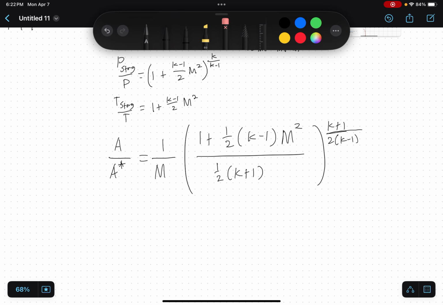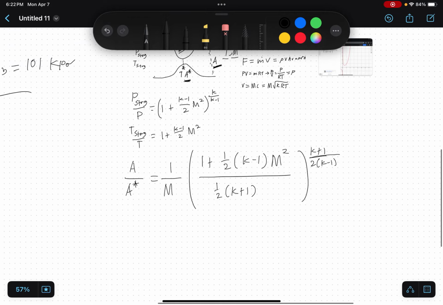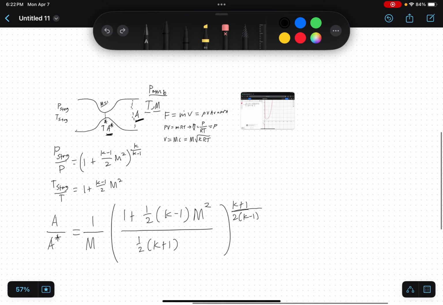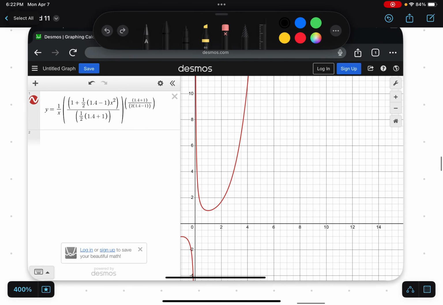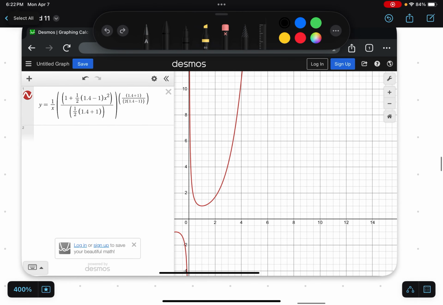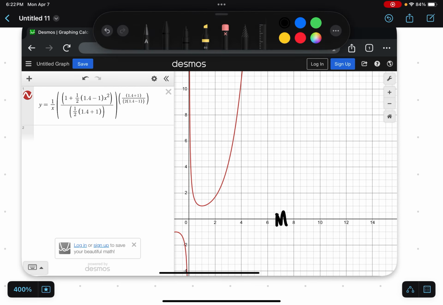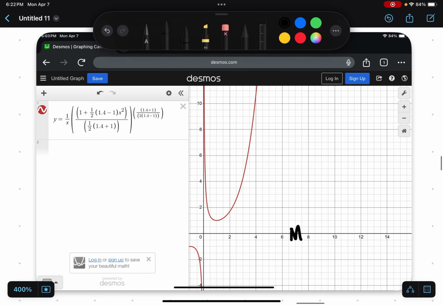Cool. So I plotted the ratio as a function of Mach number. As the Mach number increases, the area ratio literally skyrockets.